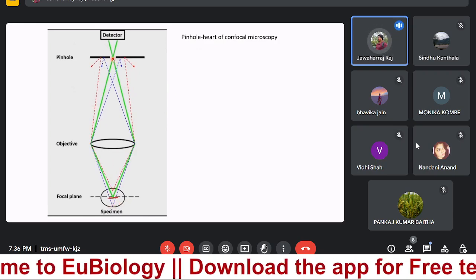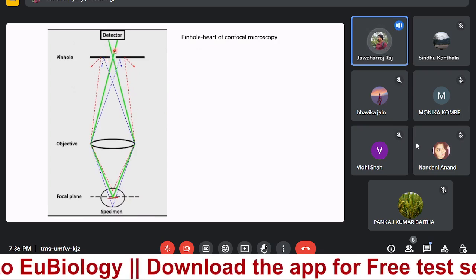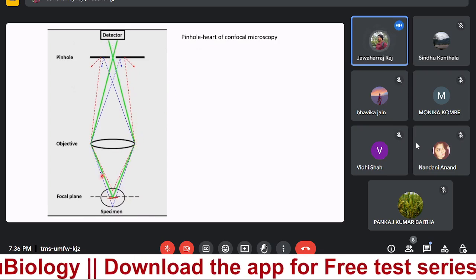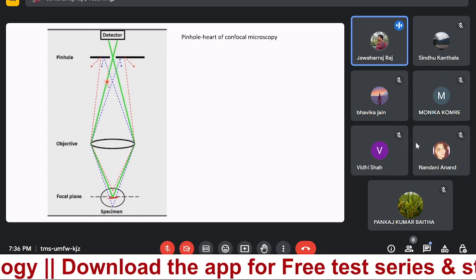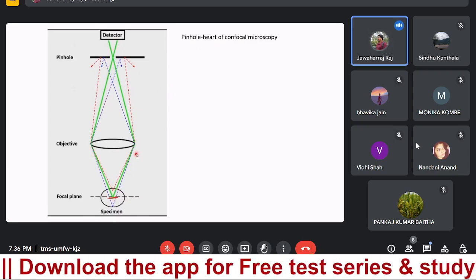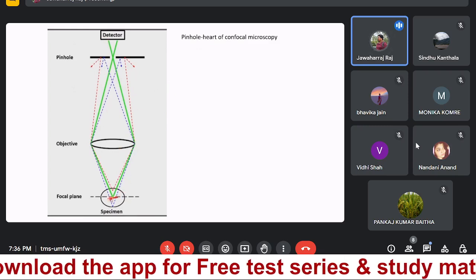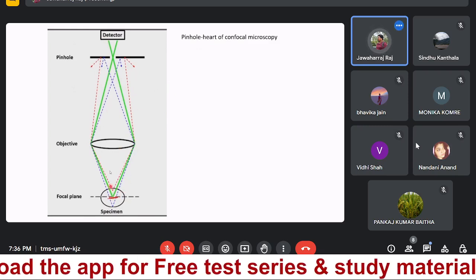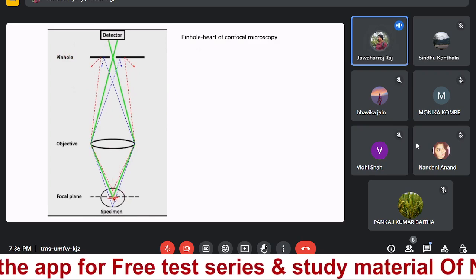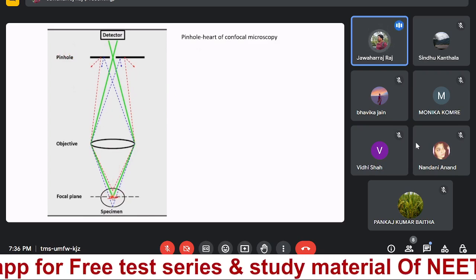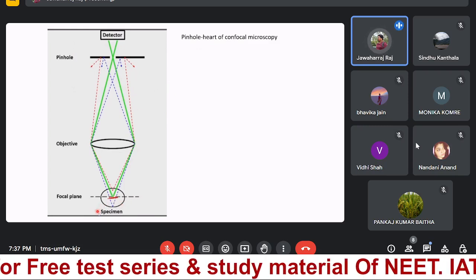But because of the presence of this pinhole, only the green light is passing here. So you can fix the focus point here. Because of the pinhole, you can fix the focus point at exactly what point you want to see the specimen.